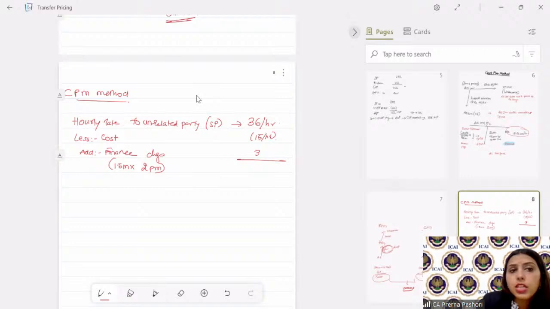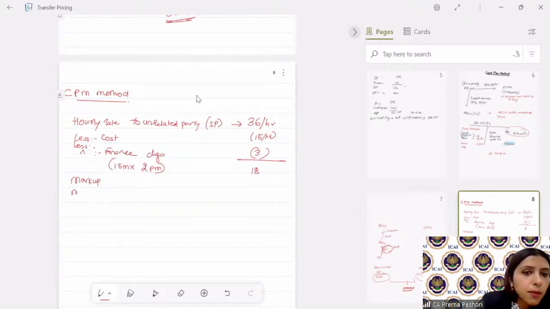So 36 minus 15 minus 3 gives me 18, which is my markup.